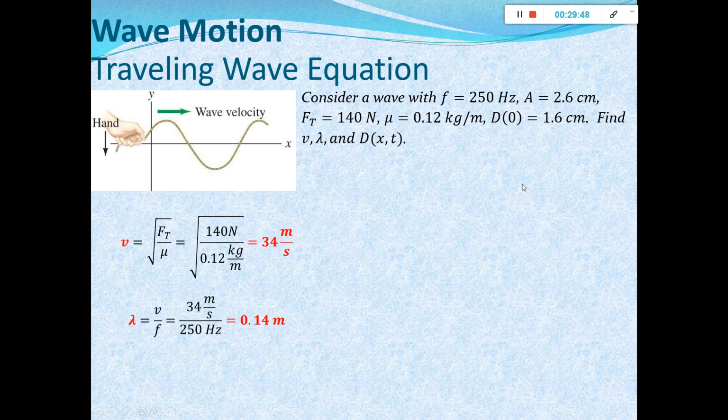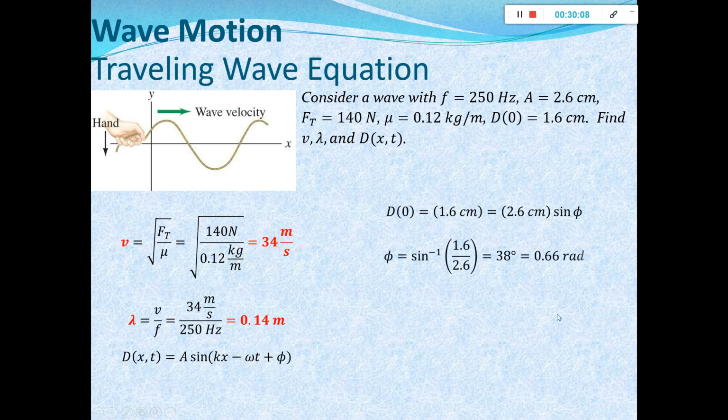So I'm going to end up having an initial phase shift. I'm going to set x and t equal to 0, which drops this entire kx minus omega t term. And I get 1.6 equals 2.6 sine of phi. Solving, I get that phi is 38 degrees or 0.66 radians.